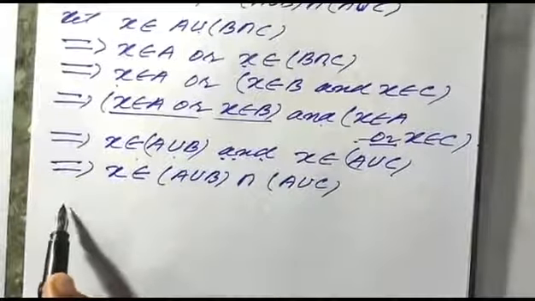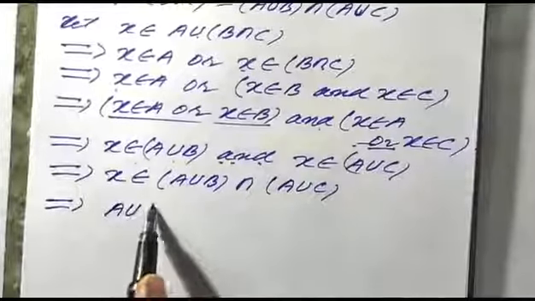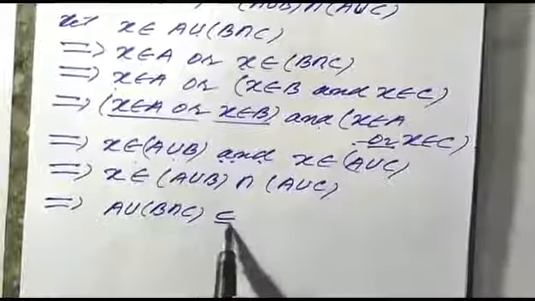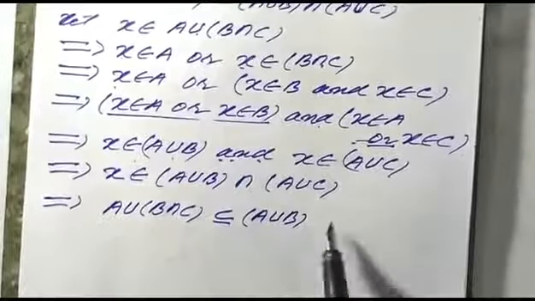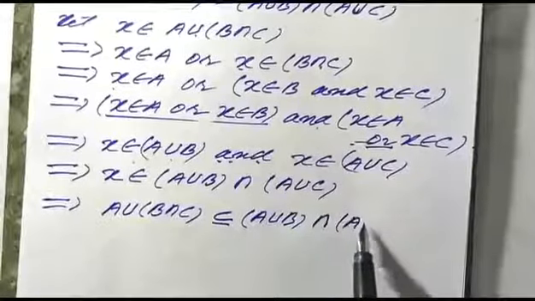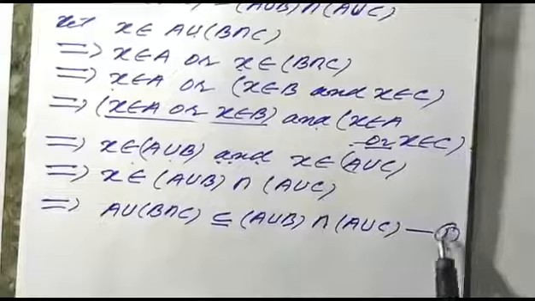It means A union (B intersection C) is a subset of (A union B) intersection (A union C). Let it be equation number 1.